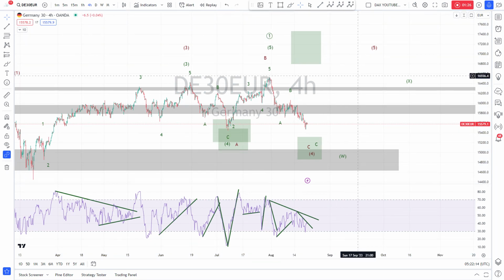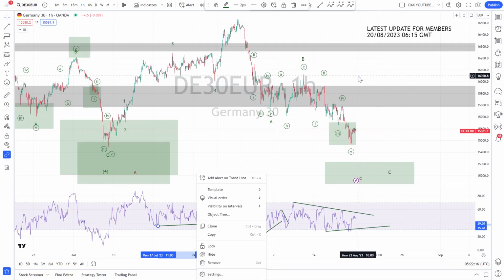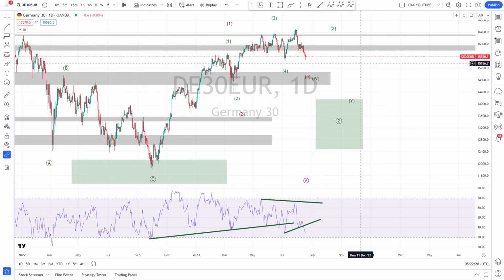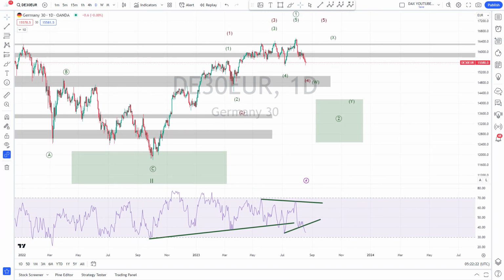So that would mean, if we zoom out, if we go to the daily, if our wave one is in here, we should have some kind of correction to the downside, like this here, this wave two. So we should go into this area.